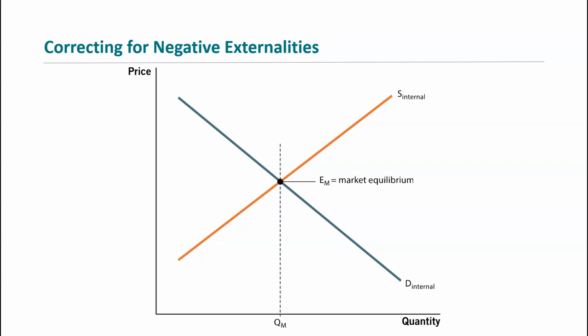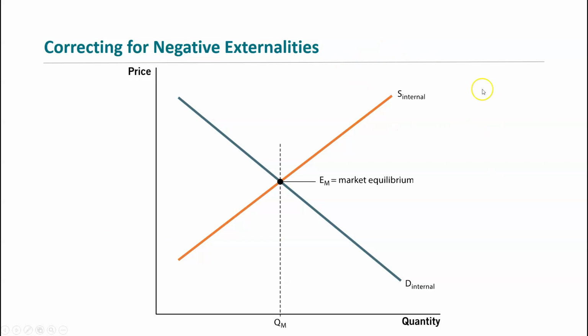And so if we have this supply and demand diagram that is shown here, the firms in this market are considering only their internal costs and their internal benefits, so the firms are considering their internal costs and the consumers are considering their internal benefits of this market activity.